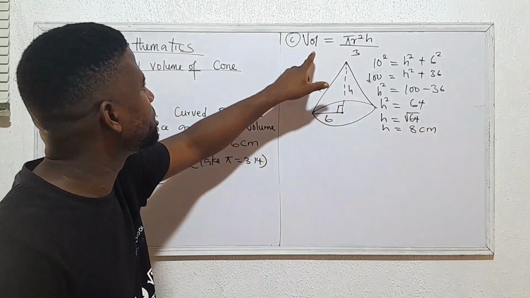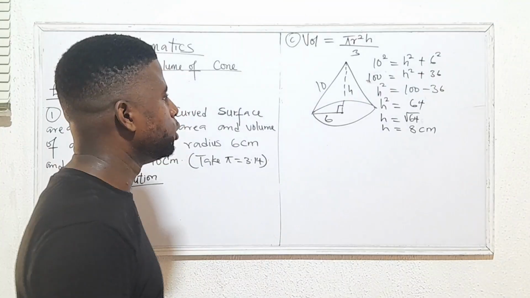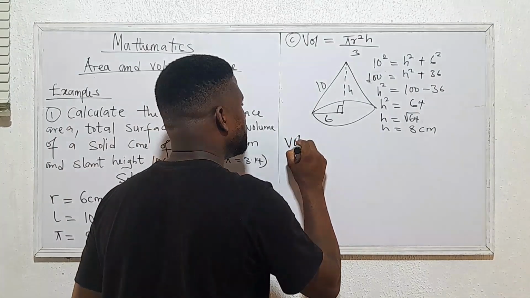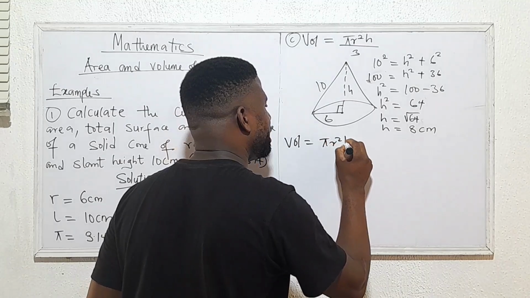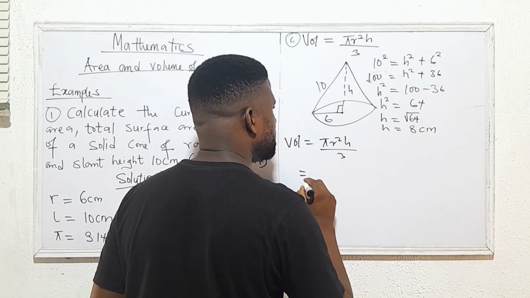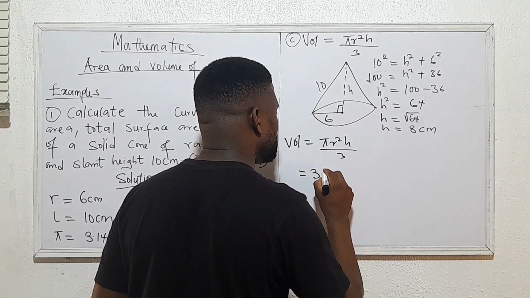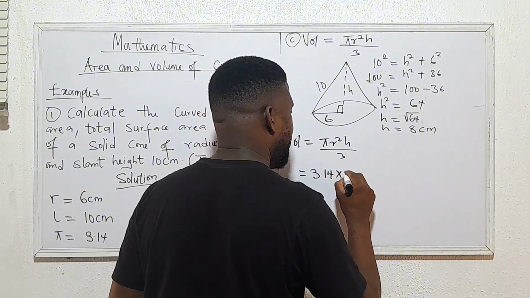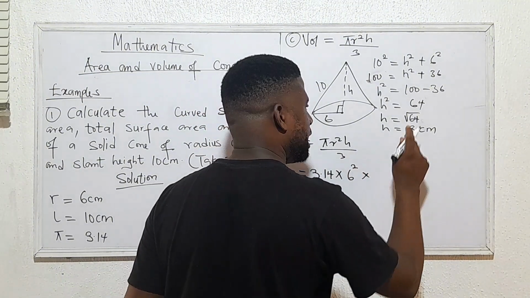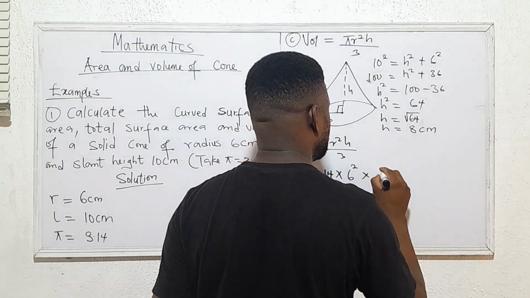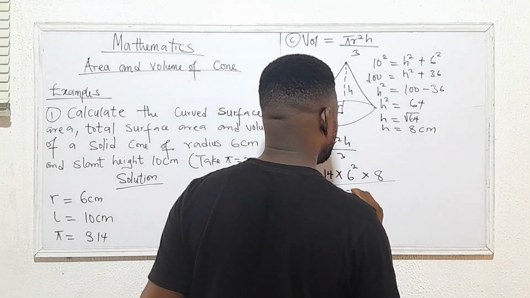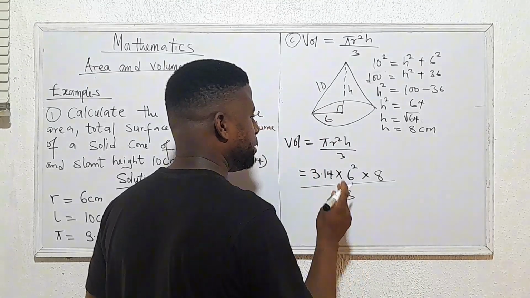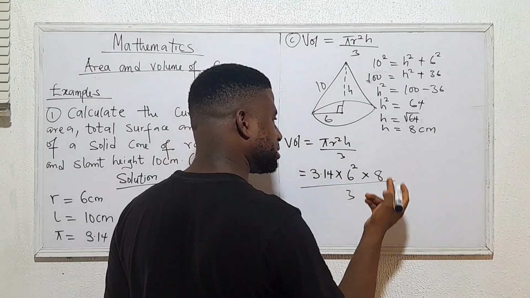Now, we have the value for our height. We can now find the volume of the cone, so that we have that volume is equal to pi r square h over 3, which will give us our pi is 3.14 times our radius is 6 square times our height is 8 over 3. Okay, now 6 square is the same thing as 6 times 6.